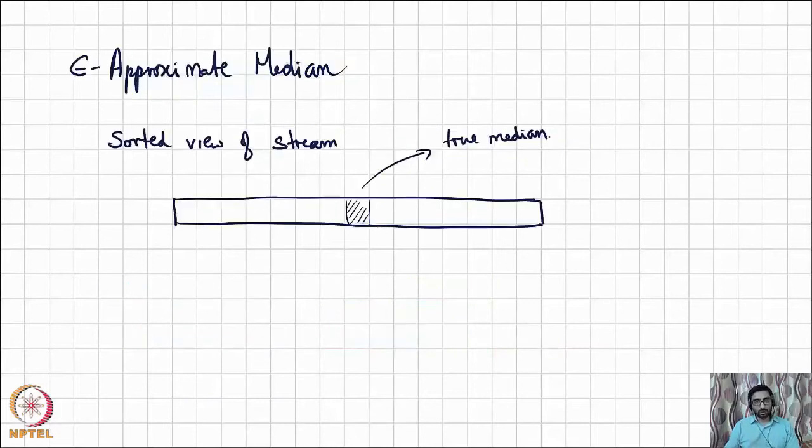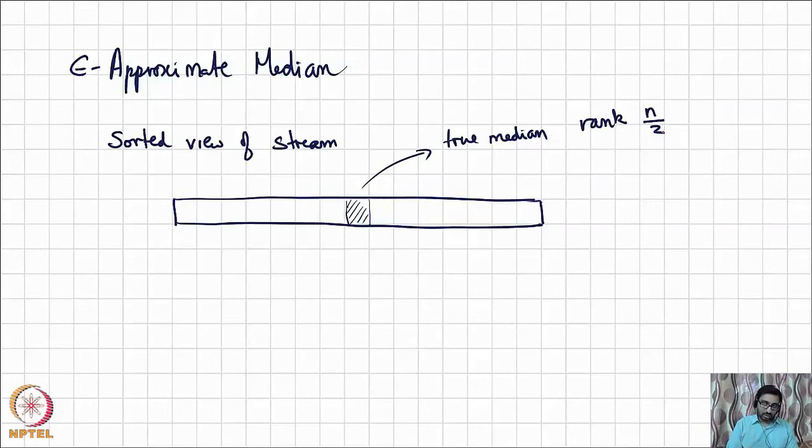We all know what the true median of a set of n items is. You take the sorted view, and the true median is right in the middle. It is simply the item with rank n over 2, and by rank here we mean the position in the sorted view.